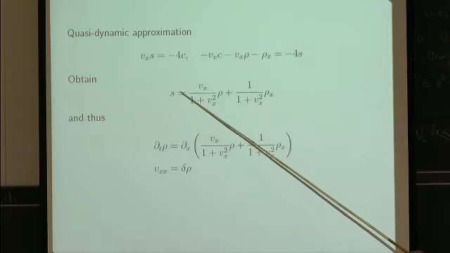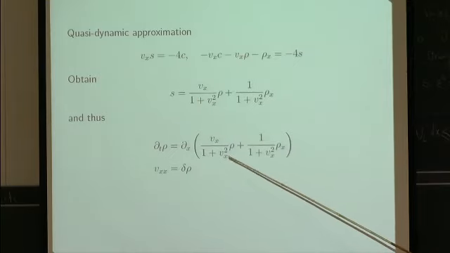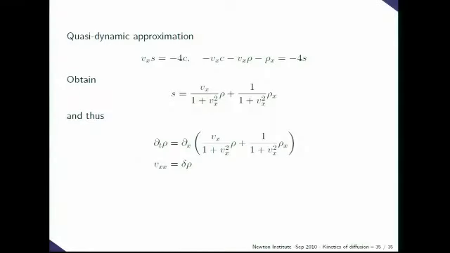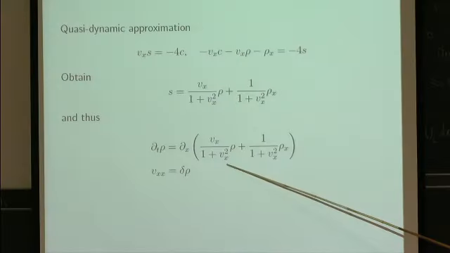You can compute what is S, and you get a modified version of the Keller-Segel model, where instead of having, let's say now that the speed is increasing, you have this term that saturates things.